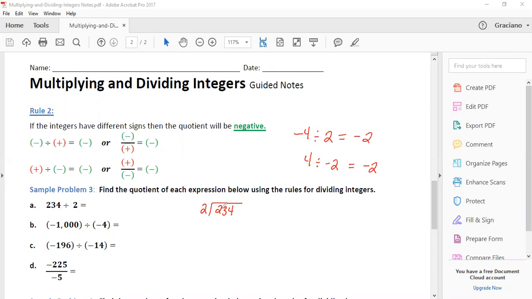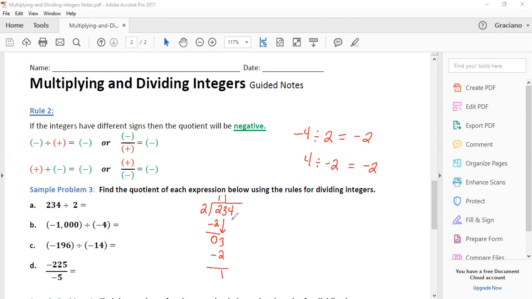2 goes into 234, right? Well, we don't need to go into that whole number. We just need to go as far as 2. 2 goes into 2 once. 2 times 1 is 2. 2 minus 2 is 0. So I need to bring down my next number, which is 3. 2 goes into 3 one time. 2 times 1 is 2. 3 minus 2 is 1.